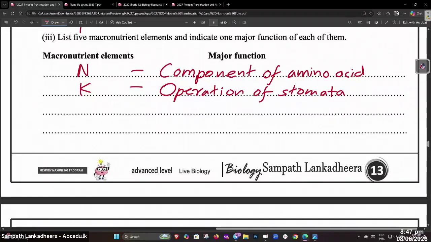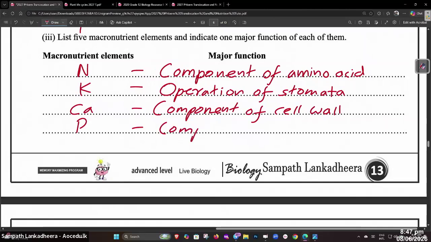Calcium, component of cell wall. Phosphorus, component of ATP.